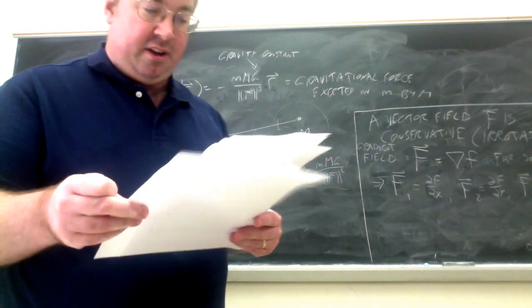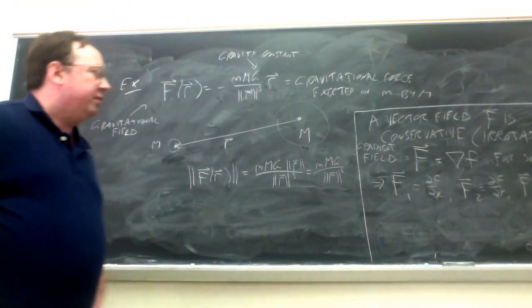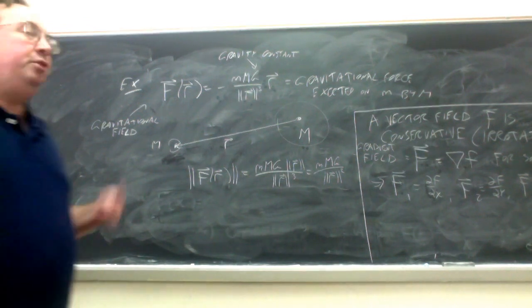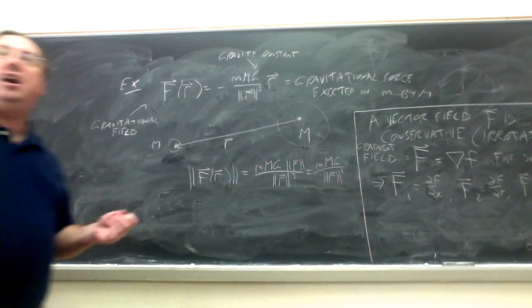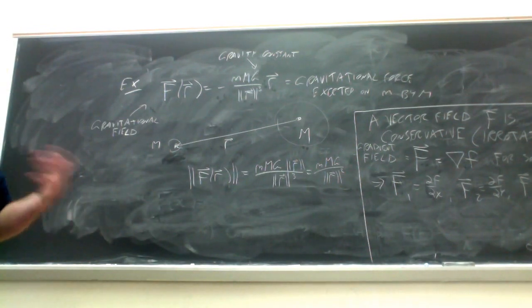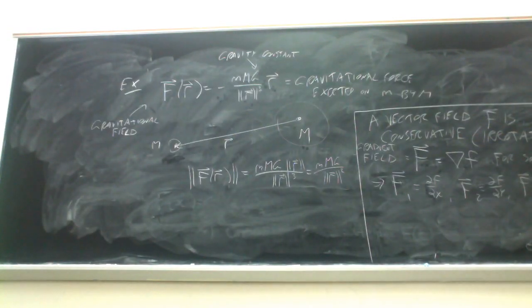Now, I'm going to give a couple of examples of 2-dimensional vector fields, one that is conservative and one that's not. And so you can see the difference in how they look, and that will also suggest why we could call it irrotational.